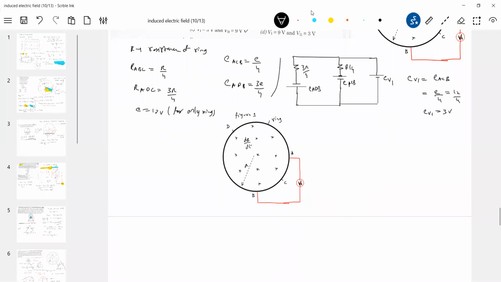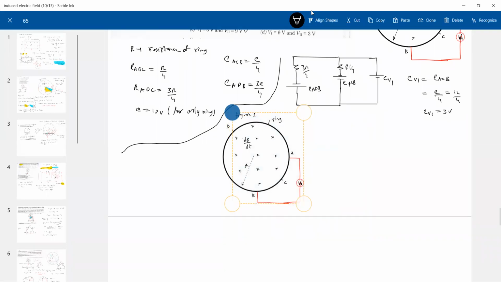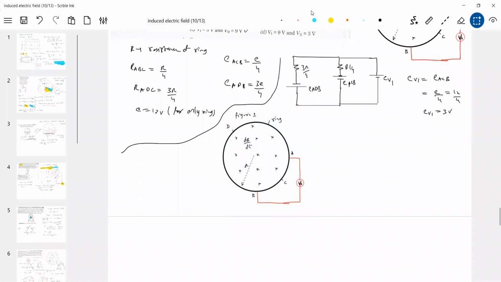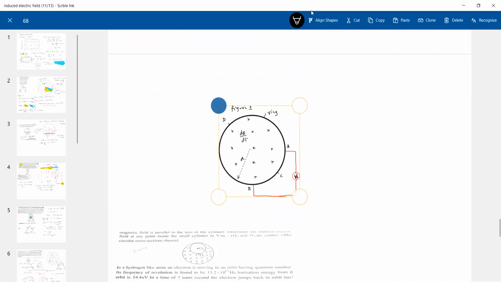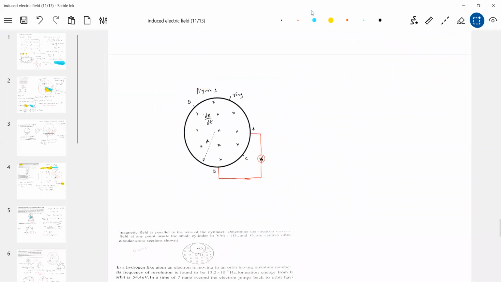No, check it in a similar way. So the voltmeter will be connected at the other ends. I'll move down. Space not sufficient. There's a figure 2.